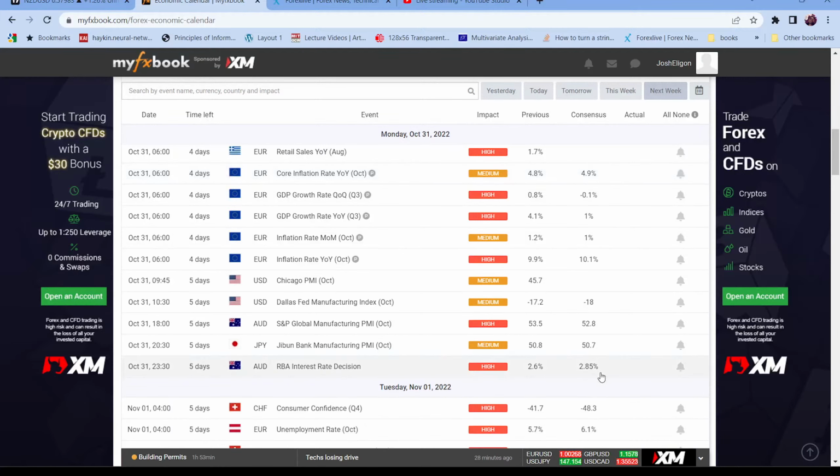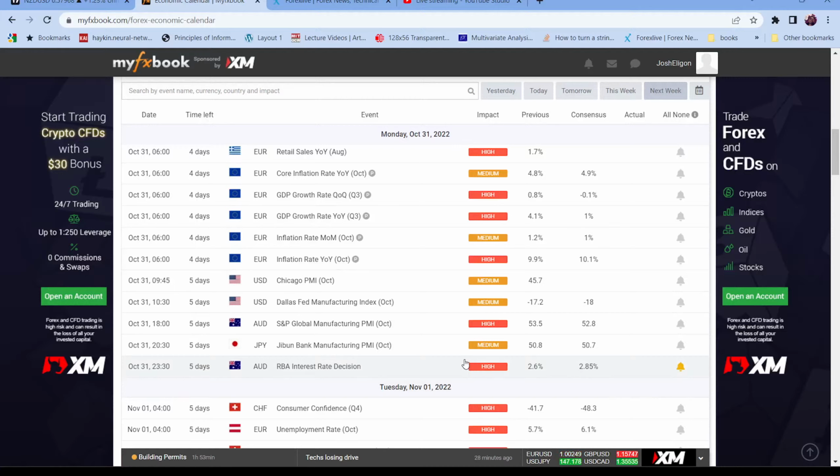As you can see, the increase we are expecting in terms of the consensus isn't as large as the rest. So we may see an actual negative movement for the AUD, just because overall they are lagging behind all the other interest rate decisions by how much they're increasing their rates.